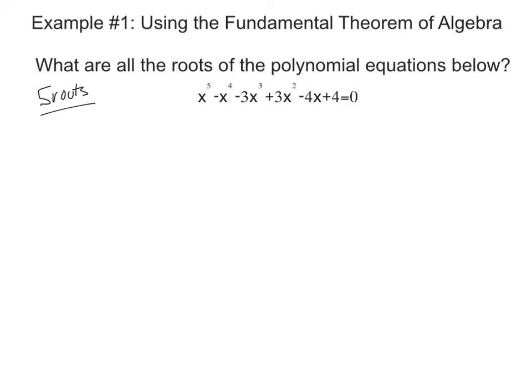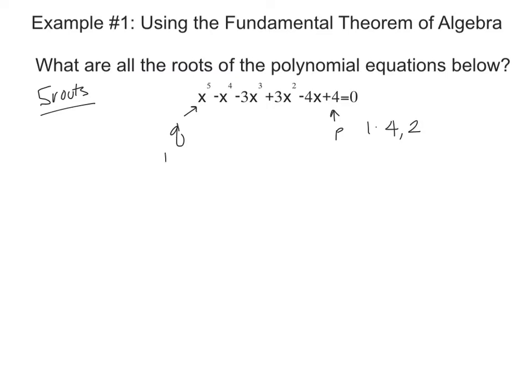So remember, P is going to be 4, Q is 1, so the factors of 4 are 1, 2, and 4. And let me write this a different way. It's really 1 times 4 and then 2 times 2, but I'm not going to repeat 2, okay?